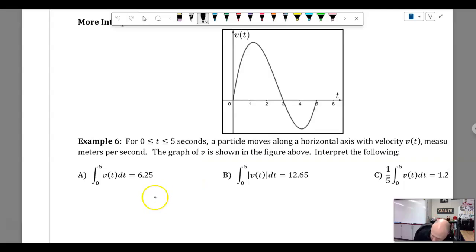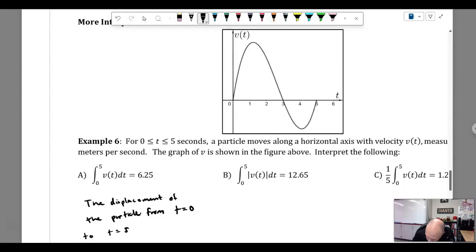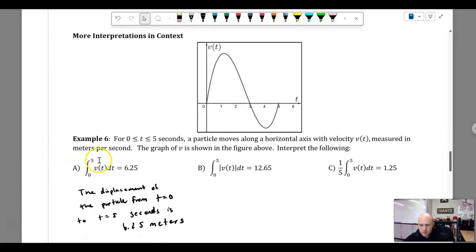So this one is the displacement of the particle from t equals 0 to t equals 5 seconds is 6.25, and I think the units here are going to be meters. Right? Yeah, meters.